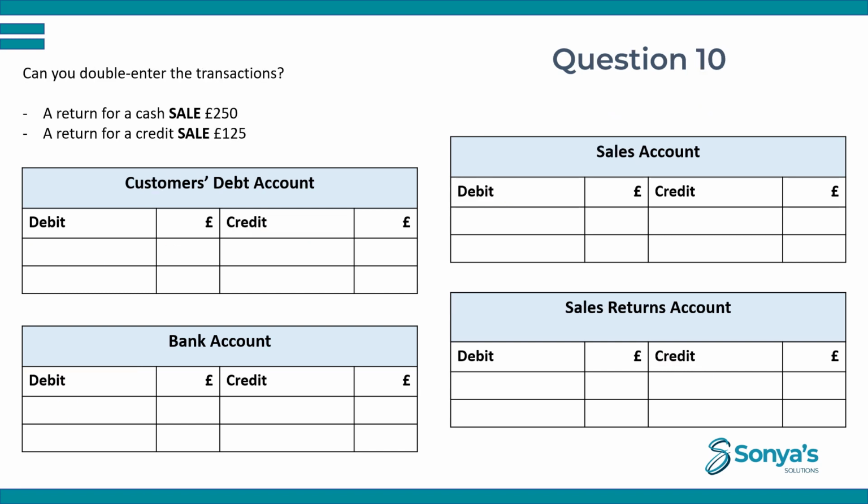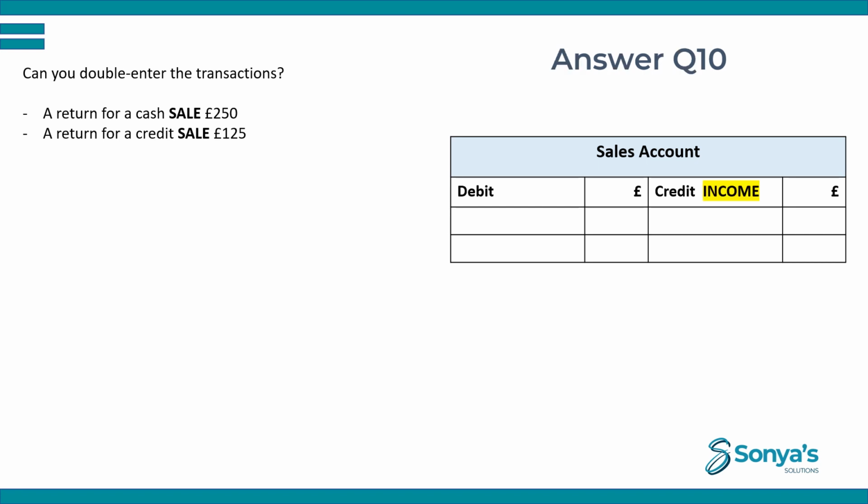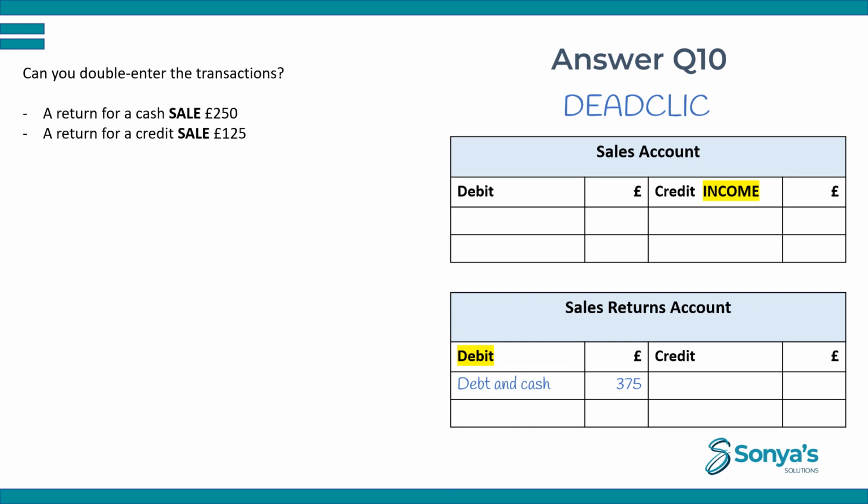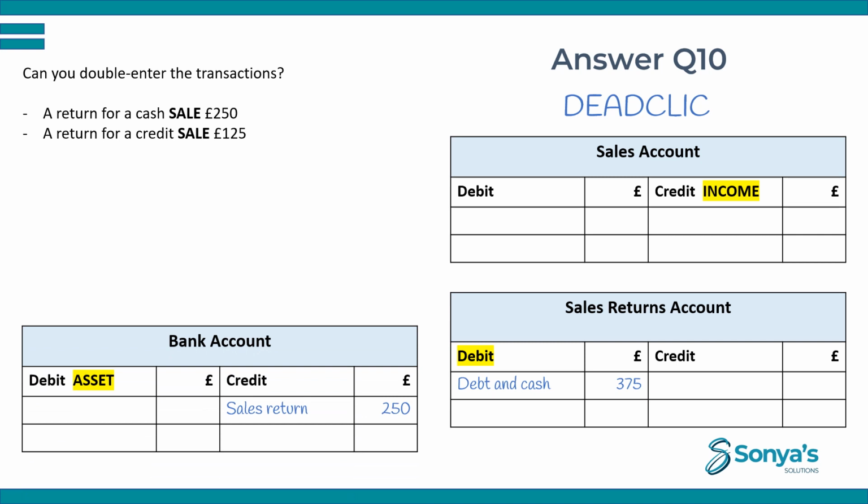Get ready to pause the video to give yourself time to read and answer the question. The sales account is an income account, a credit record. The sales returns is its opposite. We add all of the sales returns to the sales returns account with a debit entry. The refund for the cash sale is provided through the bank account.